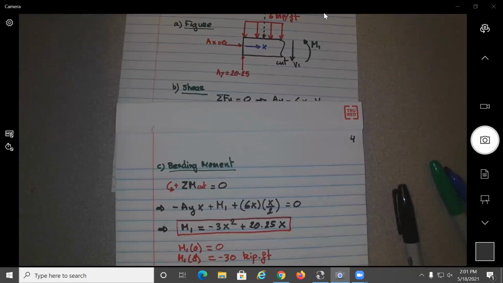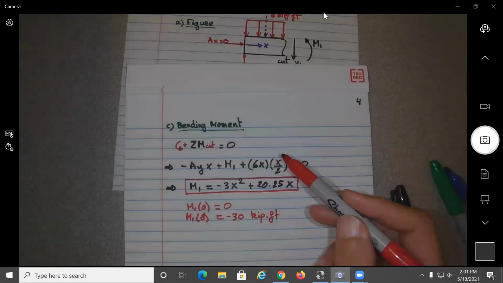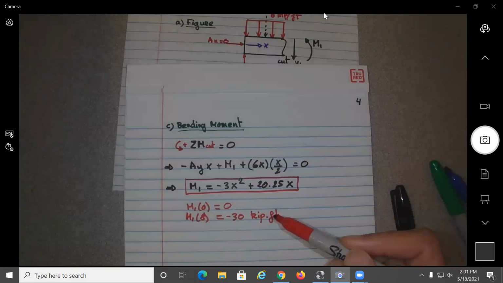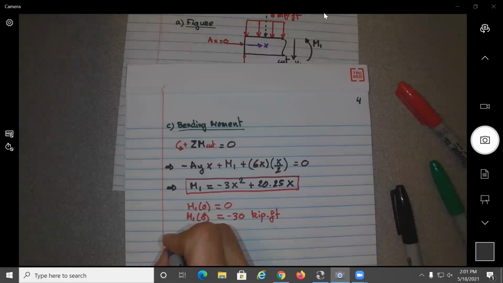Okay, so what type of equation is this? This is a quadratic equation. So basically it means that it's either going to be this way or this way, no? So we need to find the point where it's going to change directions. How do you find the point where it changes direction? Calculus 1. You need to take the derivative, no? Okay, so let me change colors. Let's do dM1 of x over dx equals 0. That should give us the location. So what do we get?